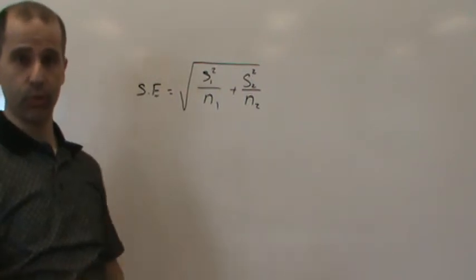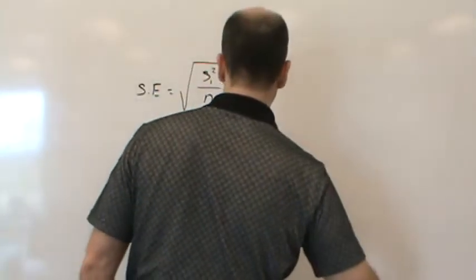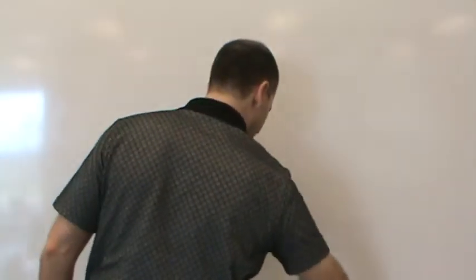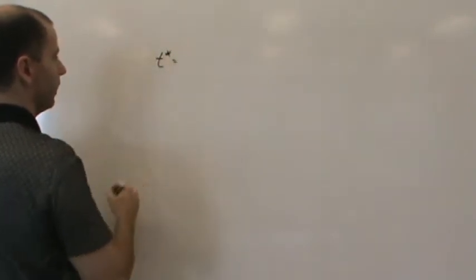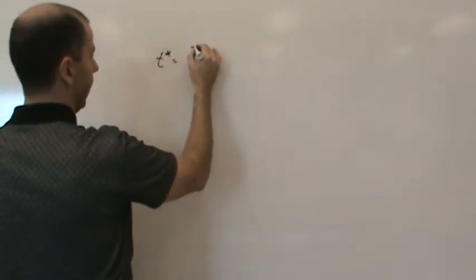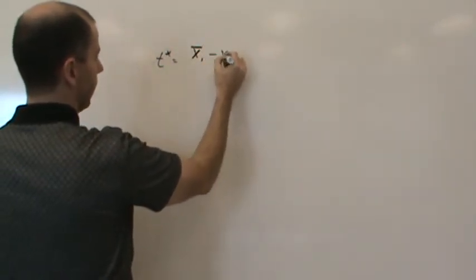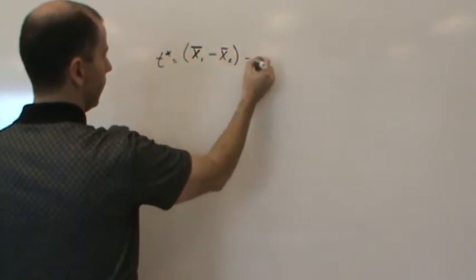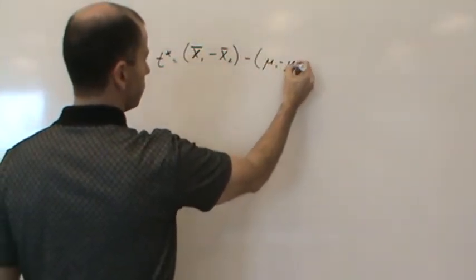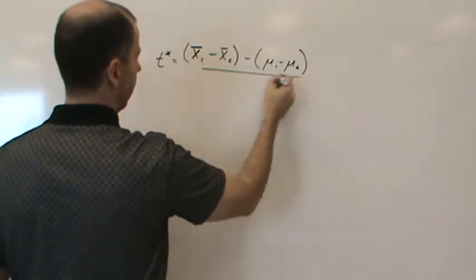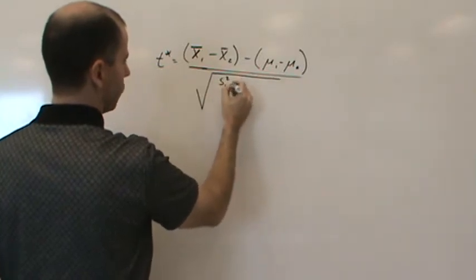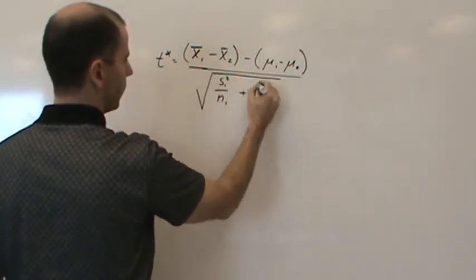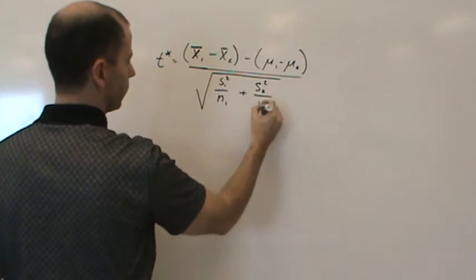Plus, it's going to be a t distribution, obviously. So our test statistic is going to be a t star again. Everything else stays the same: x bar 1 minus x bar 2 minus mu 1 minus mu 2, divided by the standard error, which now is the square root of s1 squared over n1 plus s2 squared over n2.